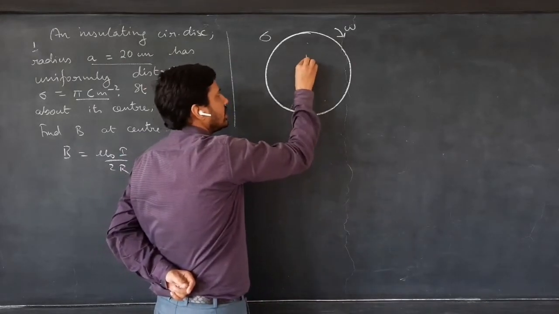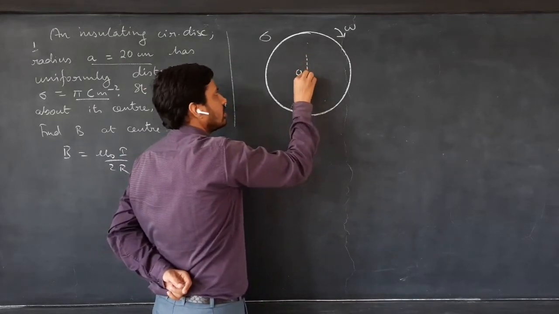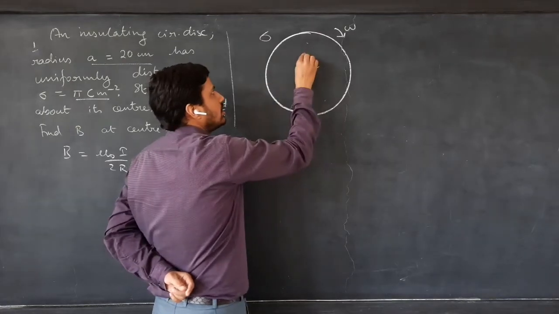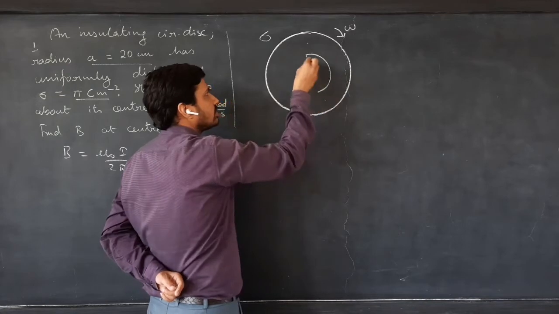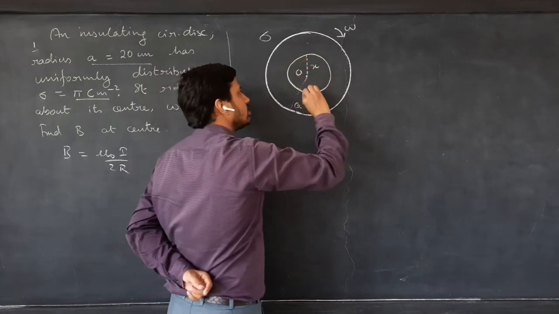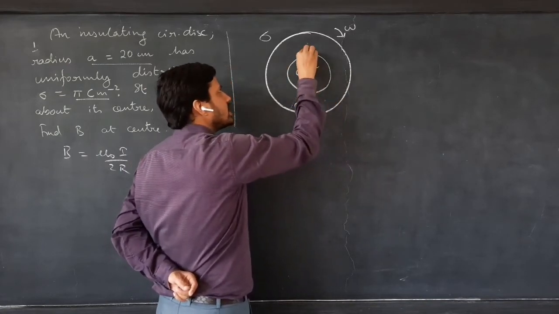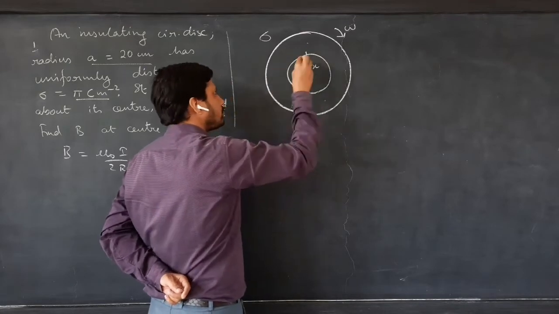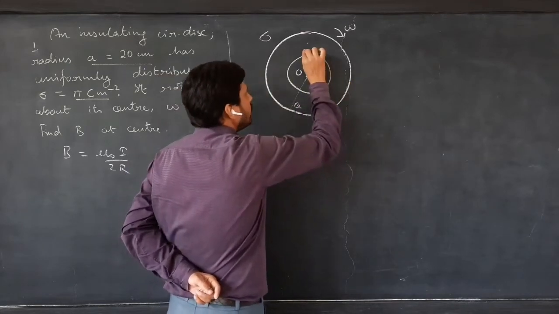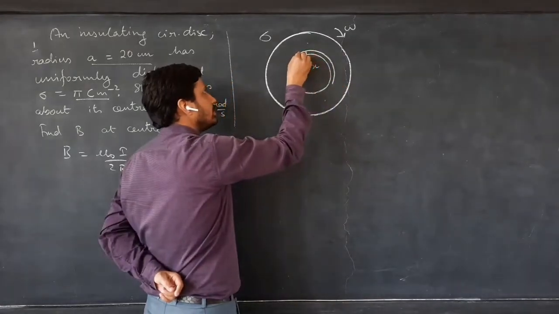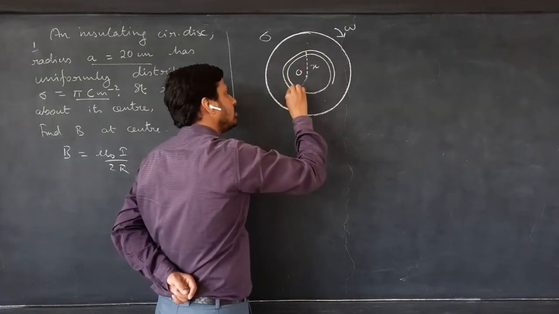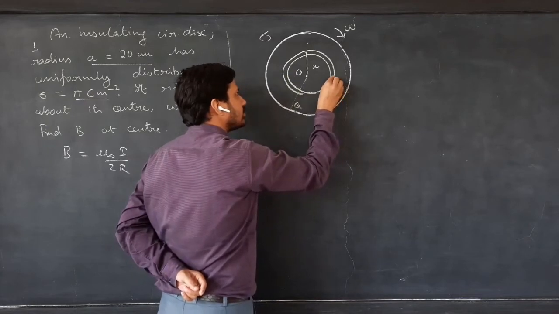First, at a distance x, we draw a circle. We take a thickness dx and we draw an element in the form of a ring. This thickness is negligibly small compared to x.